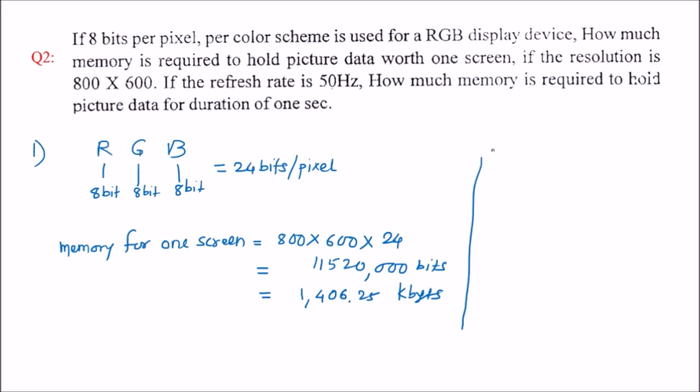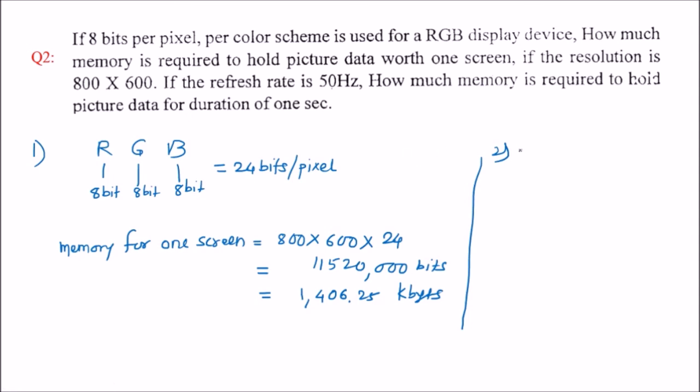Now the second part, we have to calculate the memory required to hold the data for 1 second. The refresh rate is given as 50 Hz. It means that the screen is repeated 50 times per second. So that much data we have to store in memory.